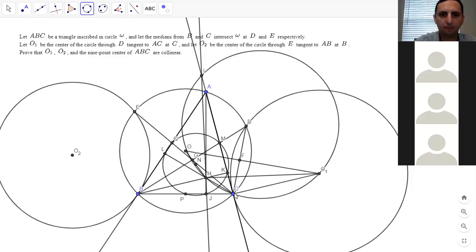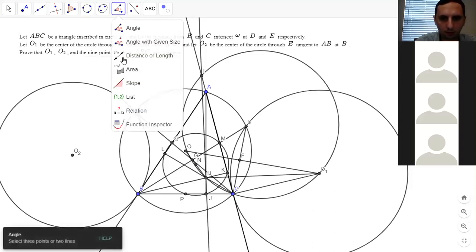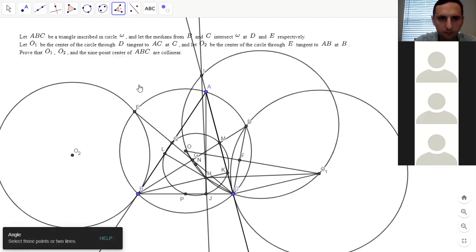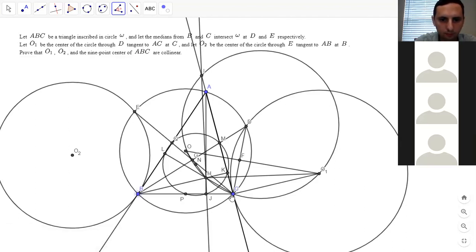I wonder, let me try something. So angle ECB is 41.54.